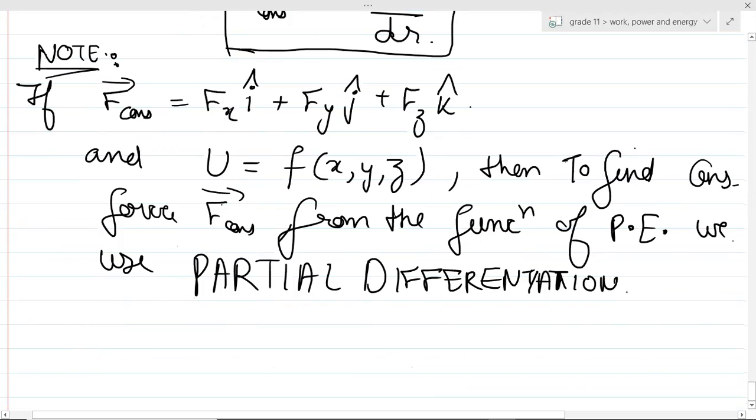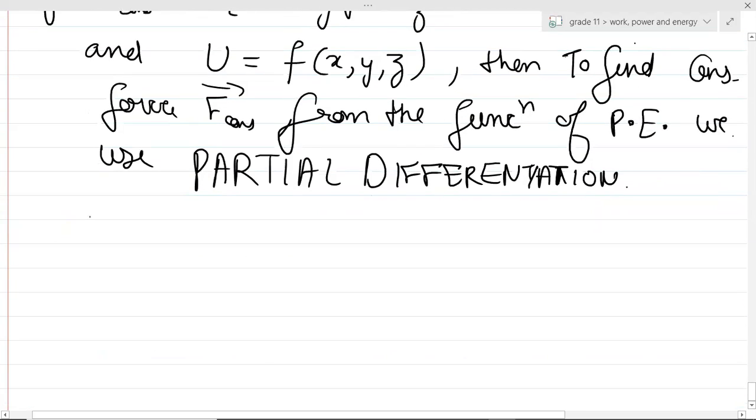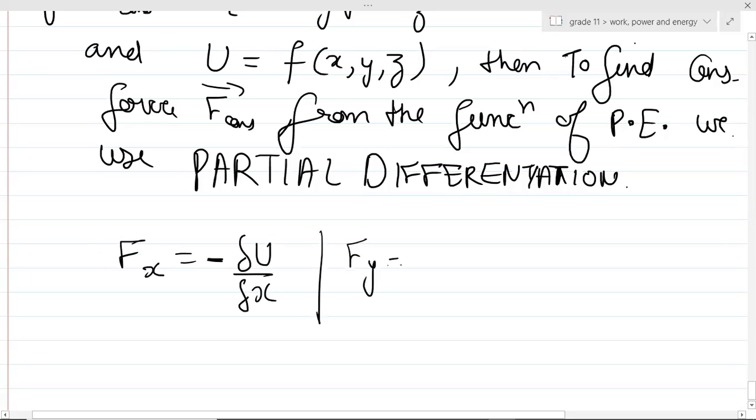So whatever I'm writing, just write it till now. This is how partial differentiation is represented. Suppose whatever energy is there, if I differentiate this energy partially, I can write this as delta U by delta x, with a minus sign, which will give me only the x component. Just write it like this. I'll tell you what exactly it means.